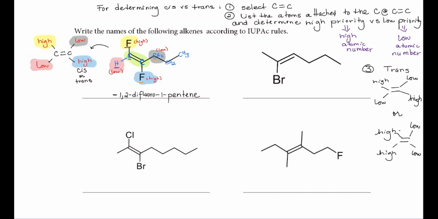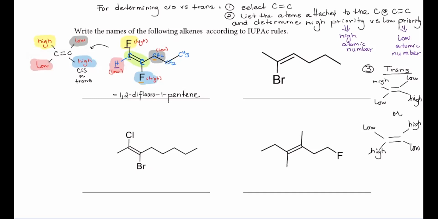Because your highs and lows are on opposite sides, across from each other. Oh, wait, this labeling makes no sense. Give me a moment. The second one doesn't make any sense. Sorry, I'm making mistakes today, but if you have high here and low here, and you have low here and high here, those two cases mean that you have a trans arrangement.